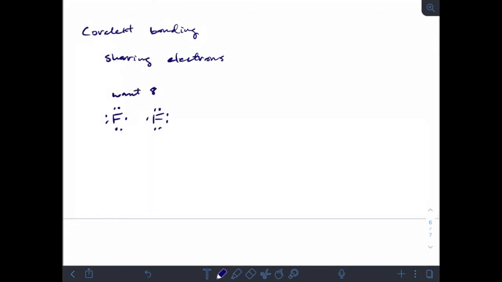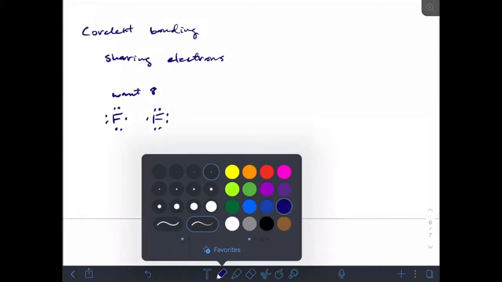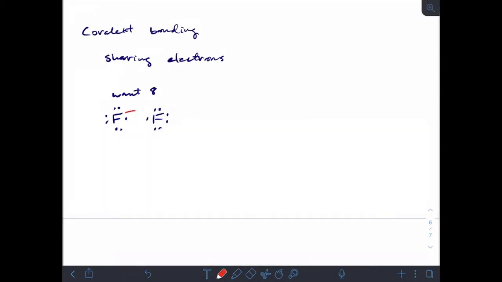That hasn't changed. But rather than transferring an electron from one to the other, because if we did, one would have 8 and the other would only have 6, what they're going to do is share electrons so that each one feels like it has access to another electron.